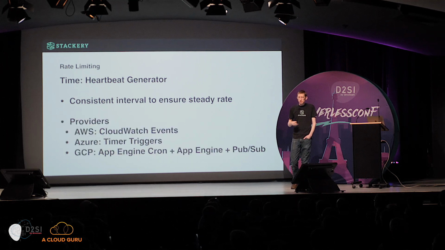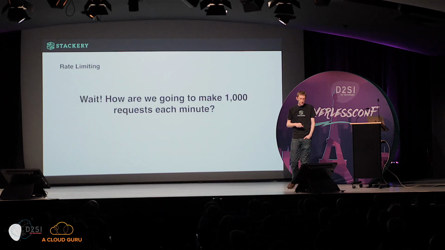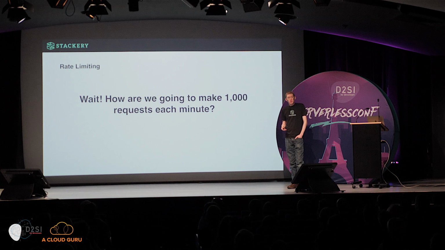And thankfully, there are solutions for how to create a heartbeat generator for all the major cloud providers, some easier than others, but they all have templated capabilities for this. But then you think to yourself, well, 1,000 requests every minute is actually a lot of requests. I don't know that a single Lambda can actually handle that.